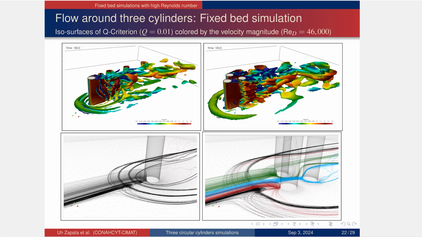Here we are comparing again the one cylinder and the three cylinder cases. The first thing that surprised me, at least in my case, is the typical behavior: you see the three vortex structures in front of the cylinders. Here you don't appreciate it very much, but there is one main vortex happening just in front of the set of structures.